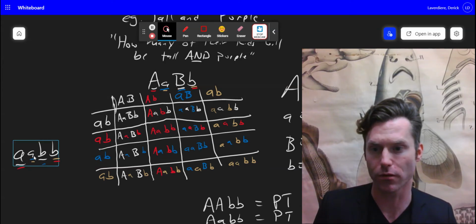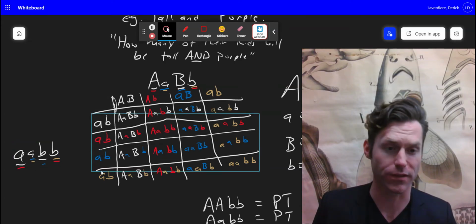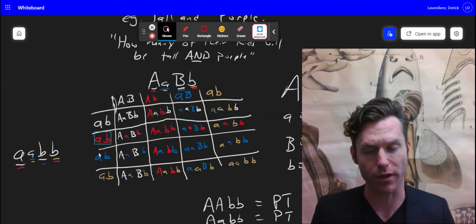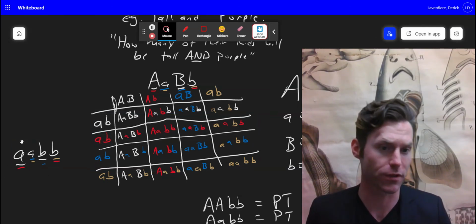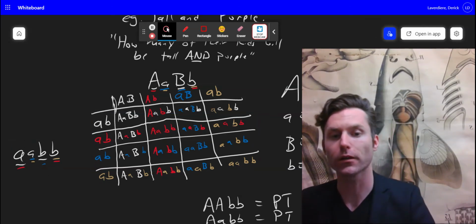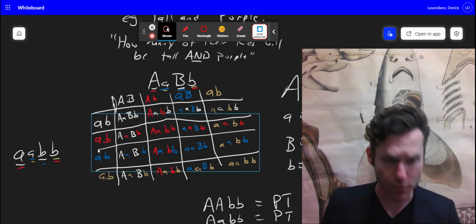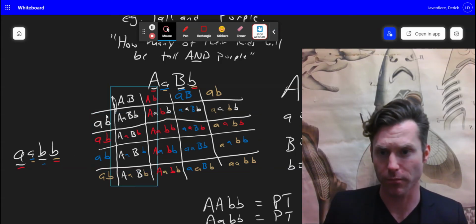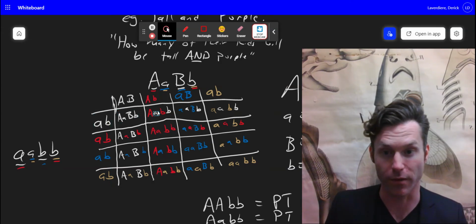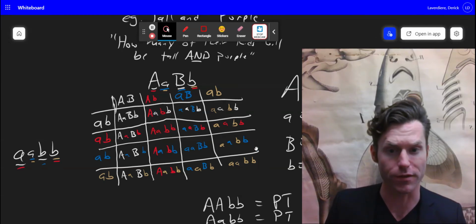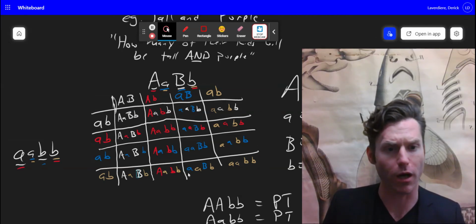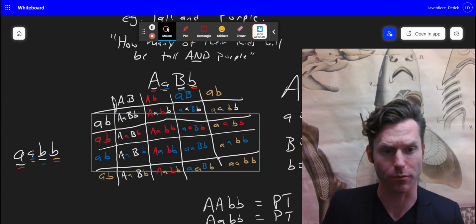The last one's the gold, this A with this B makes that eggy. And these are all the possible eggs that this organism could have made, considering A and B. And then just like in the smaller Punnett square, if this sperm meets this egg, it makes this baby. If this sperm meets this egg, it makes this baby, and so forth. And so these are all the possible babies that these two organisms could make.